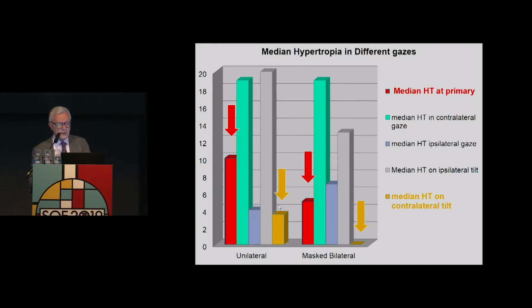And in the contralateral gaze, when you do the head tilt test to the contralateral shoulder, patients' right hypertropia, which with a right head tilt will decrease from 10 or 11 to 3. With the mask, it starts smaller and essentially is neutralized on the contralateral head tilt.